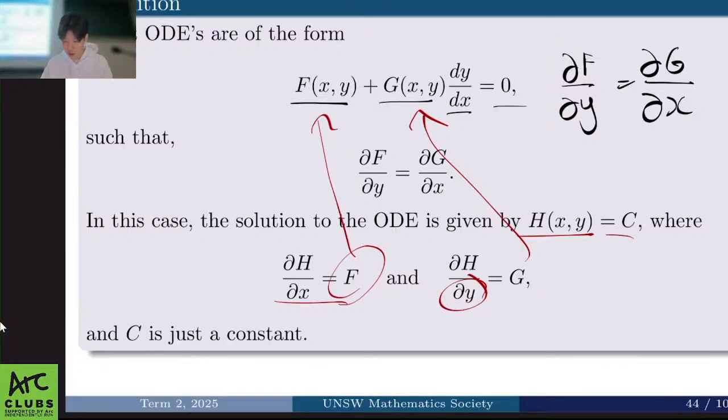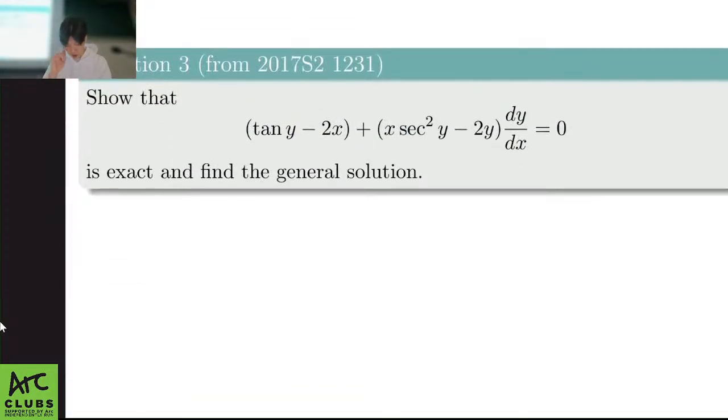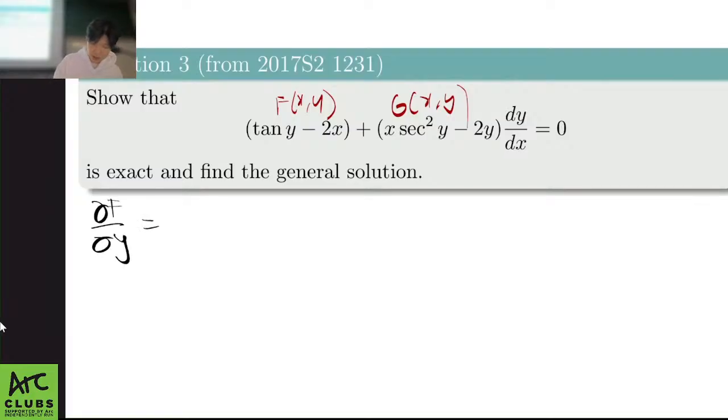So let's see how we can use that for this question here. Show that it's going to be exact. Well, I can see that this right here is going to be our f(x,y), this right here is going to be g(x,y), and I said it's going to be exact if the partial of f with respect to y is equal to the partial of g with respect to x.